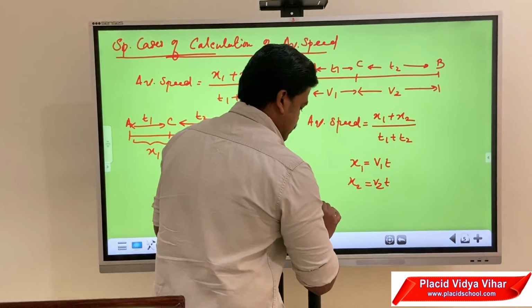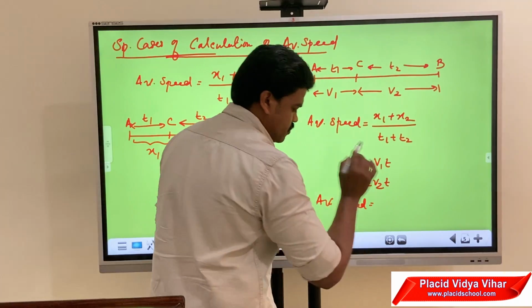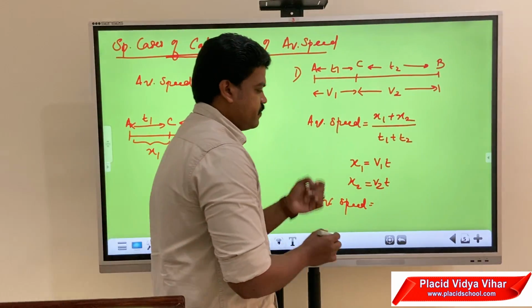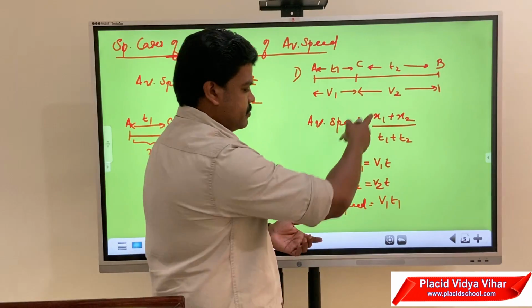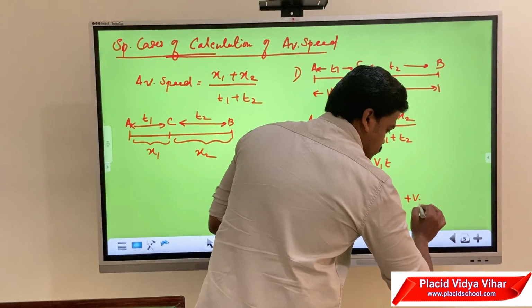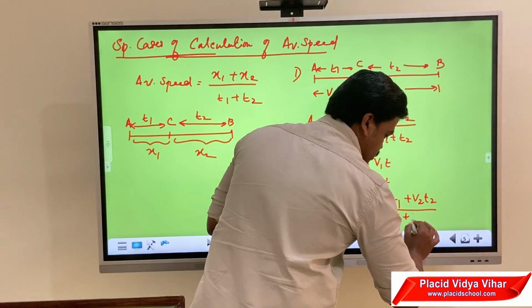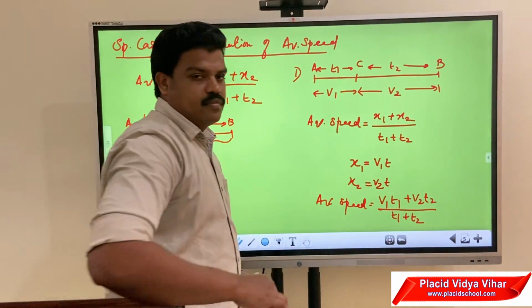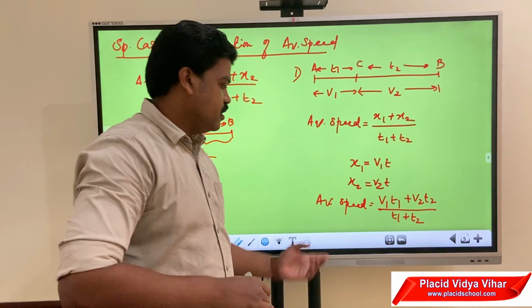Then average speed is equal to, instead of x1 we can use v1 t1, instead of x2 we can use v2 t2, by t1 plus t2. Average speed is v1 t1 plus v2 t2 by t1 plus t2.